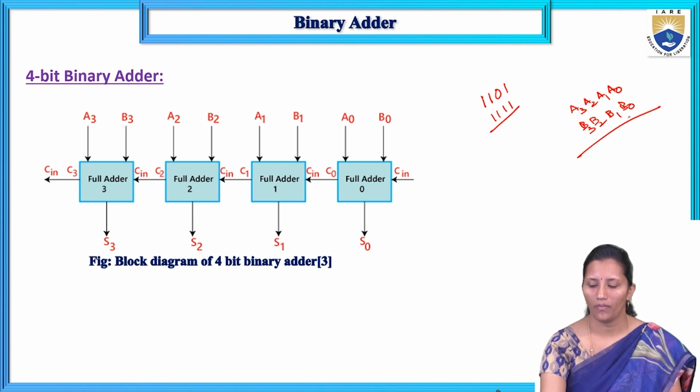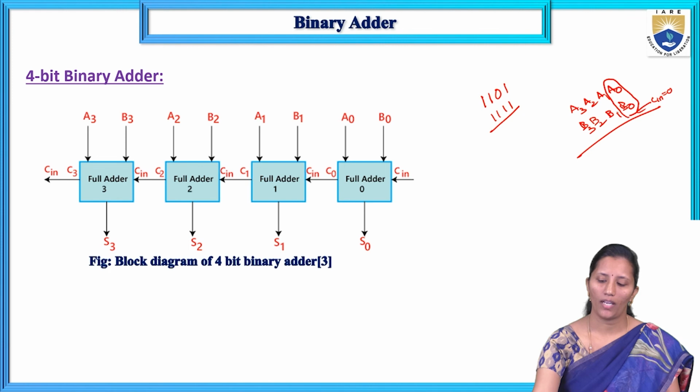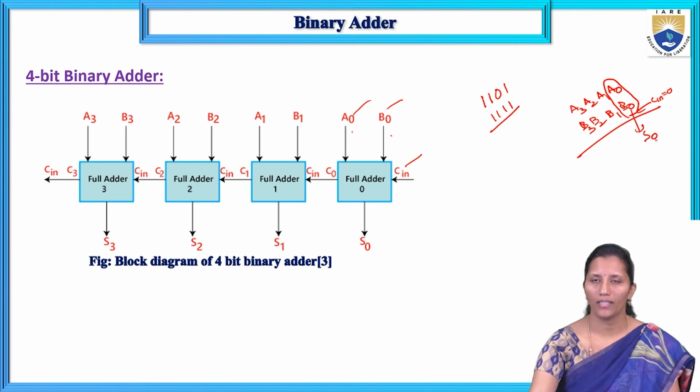First we add A0 and B0, but we have only 2 digits, while a full adder contains 3 inputs, A, B, C. So we add another extra bit, C in, and we have to make that 0. The first full adder has inputs A0, B0 and C in. Here we get the sum S0 and the carry is forwarded to the next stage, that is C0.